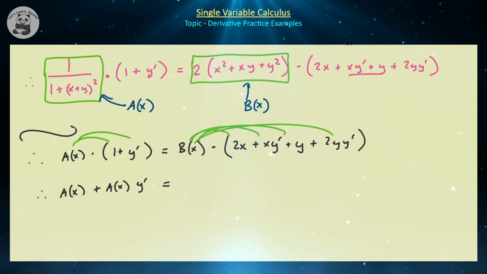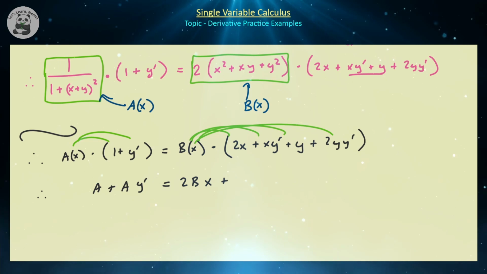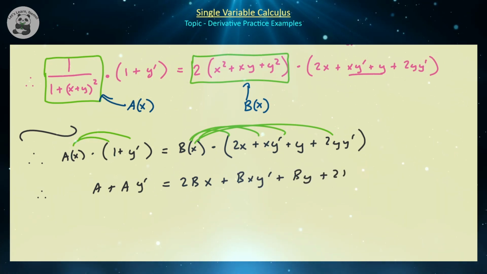And that's going to be equal to 2bx plus bxy prime plus by plus 2byy prime.